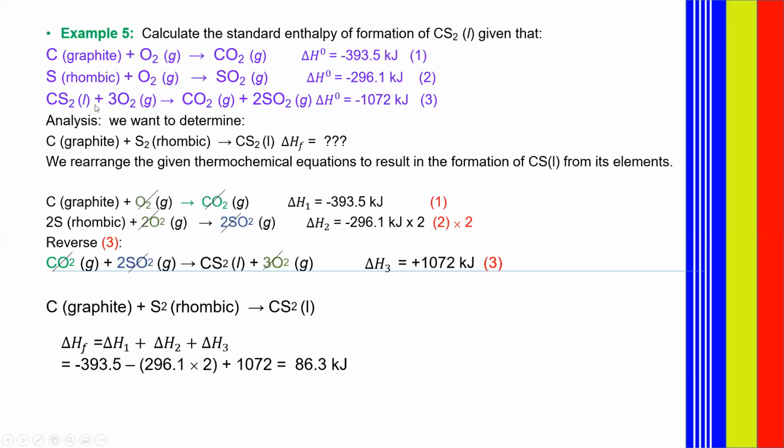Now clearly this is at the reactant side, so you want this as a product. So it should be reversed. When that is reversed, that becomes positive. And in some cases like this, you actually have to multiply that by 2. Then you can do the simultaneous equation and you get 86.3.